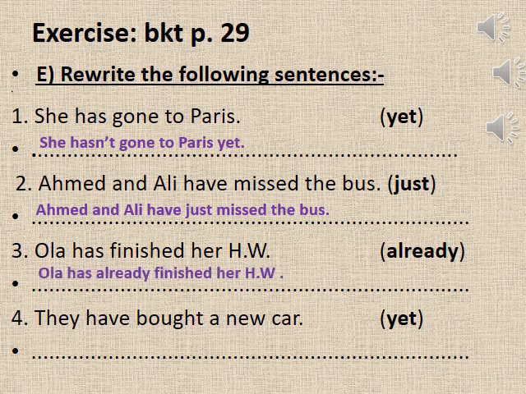Number 4, they have bought a new car. Use yet. As we said, we can use yet in the question or the negative. So this one we're going to make it a question. So we're going to start with have or has, subject, and the past participle of the verb. So the answer will be, have they bought a new car yet?